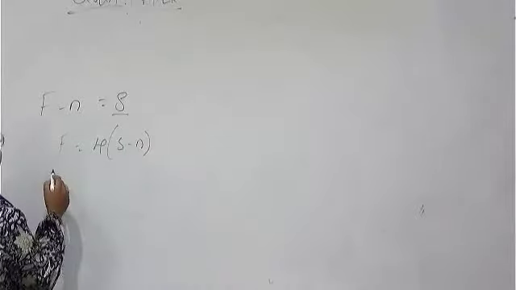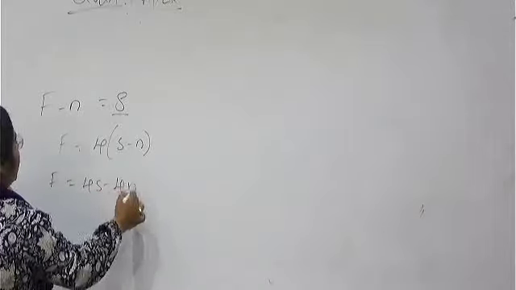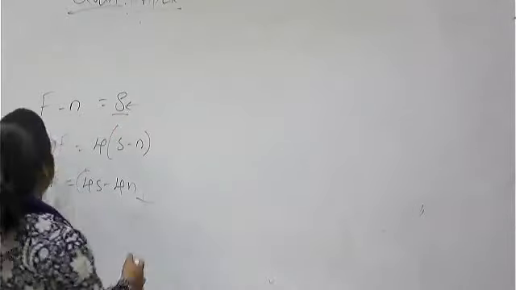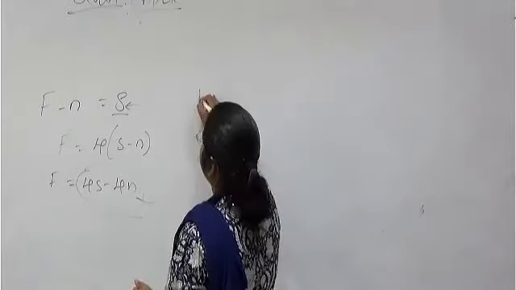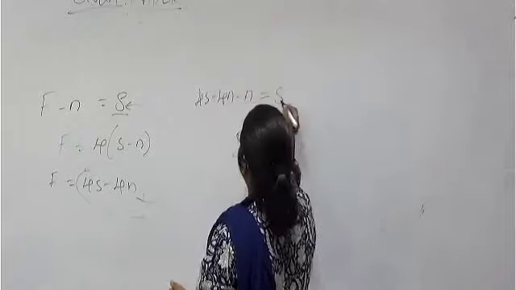So you can write F is equal to 4S minus 4n. You can substitute this F value over here. In terms of S, substitute this F value there. 4S minus 4n minus n is equal to S.